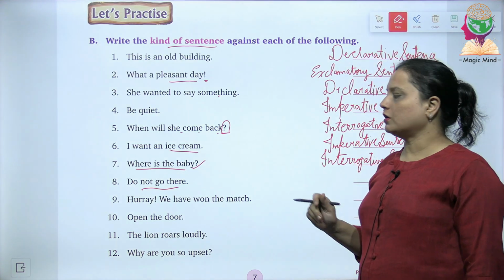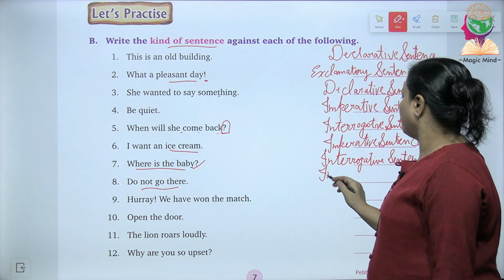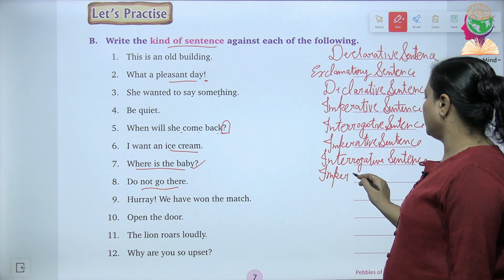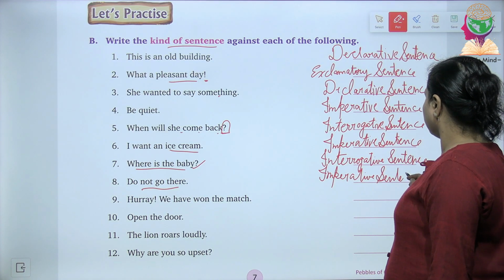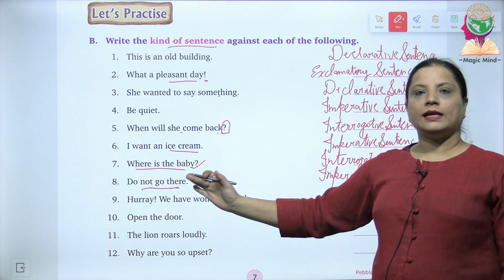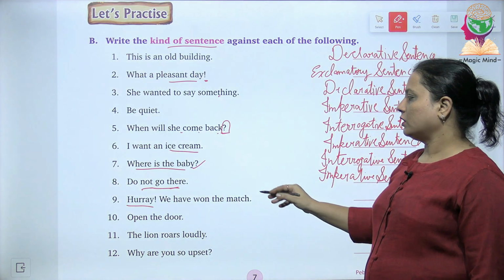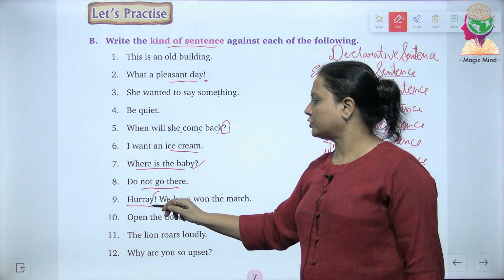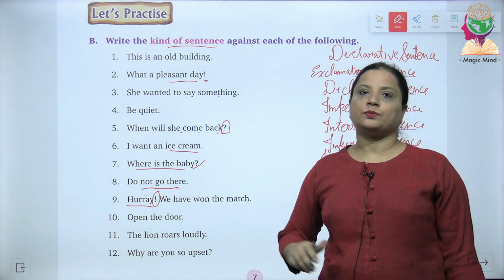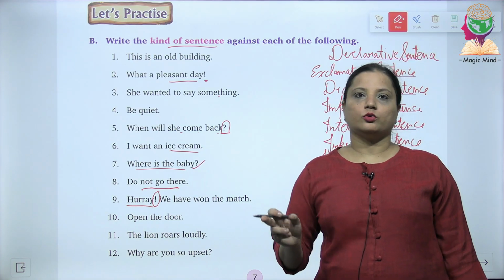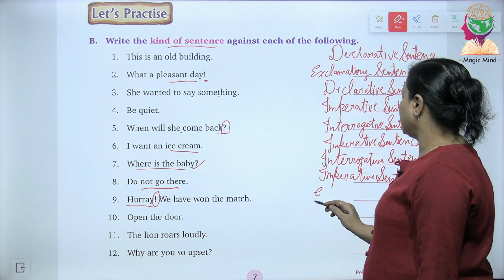Now this is an order or a command given to someone, hence we will call it again an imperative sentence. The next sentence is hooray, we have won the match. Now after hooray they have mentioned an exclamation mark, and the term hooray expresses strong feelings or emotions, hence you can call this sentence an exclamatory sentence.